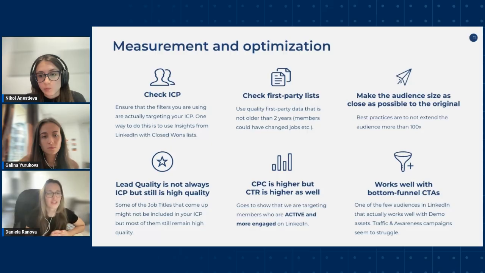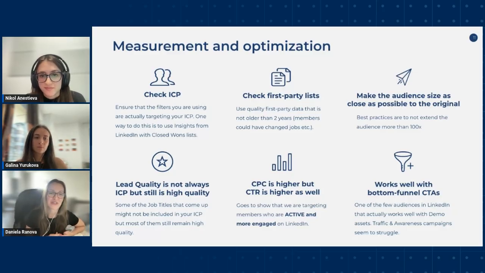And as we mentioned, check the audience size, make sure that it is as close to the original as possible. And if you do use the website conversions API, so LinkedIn's conversions API, obviously you would need to make it as large as you can, so up to 100 times, because at some point they do start chasing people that are not as relevant. So you want to make sure that you're getting the people you want.